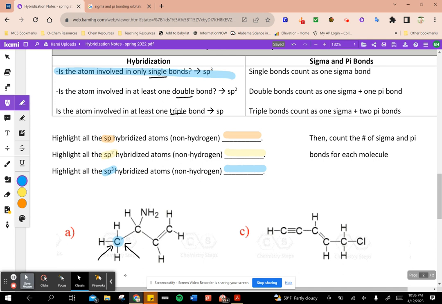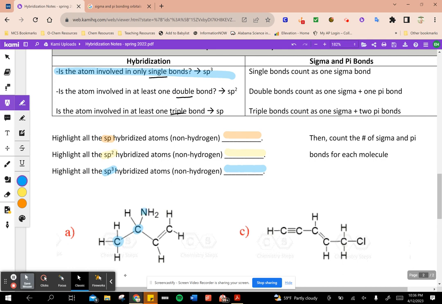All right, as I move down the line, I'm also getting another carbon here. This carbon, right here in the center, is also involved in only single bonds, so it's also going to be sp3 in hybridization. All right, I'll come to the nitrogen here. The nitrogen just has a single bond to the carbon, and then those would also be implied single bonds to the hydrogen.